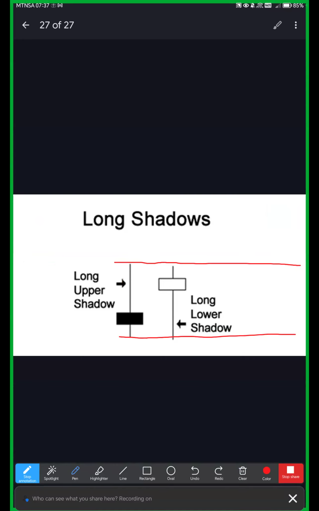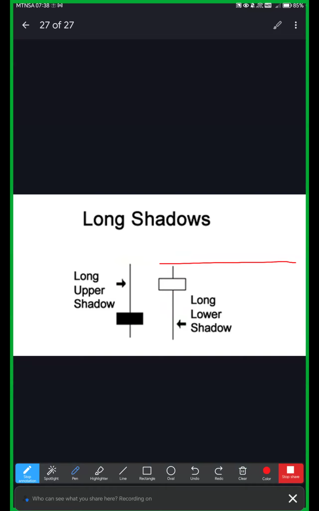Lower shadows. This one is a lower shadow. This one is upper shadow. So I'm saying lower shadow signifies the session was low, while upper shadow signifies the price was high. I think that one is clear.